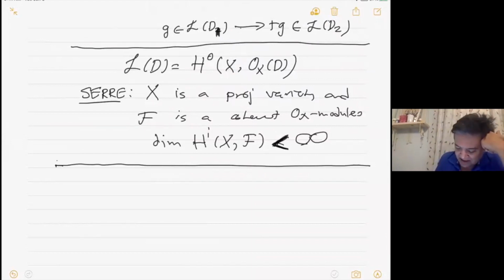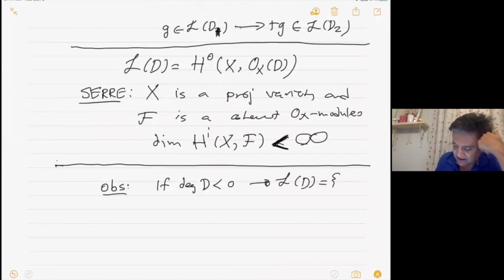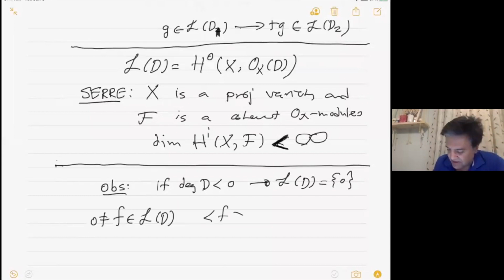First observation is that if the degree of a divisor D is less than 0, then L of D is trivial. Why is this true? Well, if you have an f inside L of D, a non-zero f, then the divisor of f plus D must be positive.